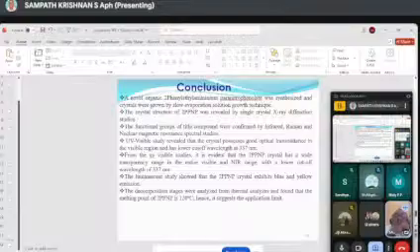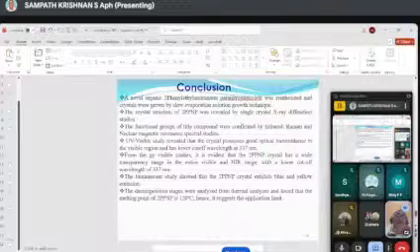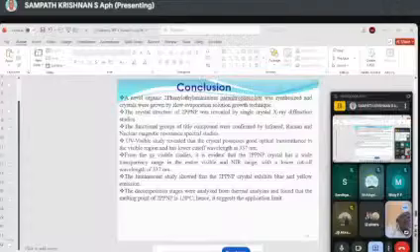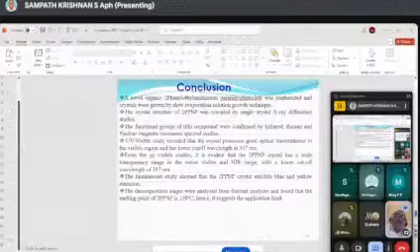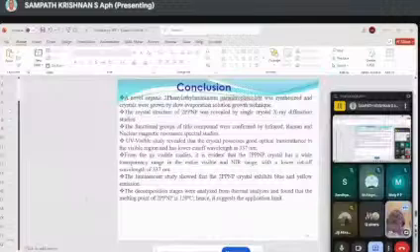UV visible spectrum studies reveal that the crystal possesses good optical transmittance in the visible region and a lower cutoff wavelength of 330 nanometers. The 2PPNP crystal has a wide transparency range in the entire visible and near infrared range, with a lower cutoff wavelength of 337 nanometers.